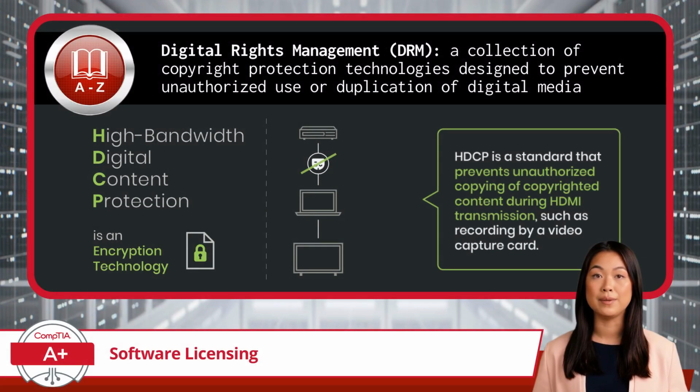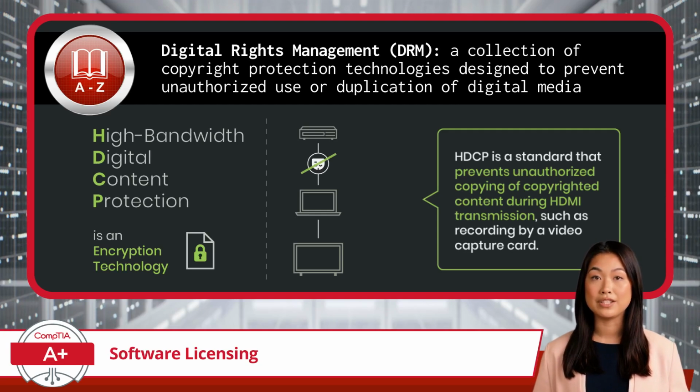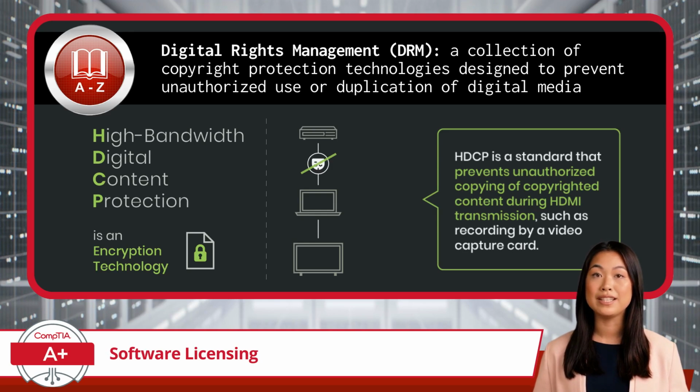Moving on, if the EULA is our software's rulebook, DRM is our enforcer. DRM, short for Digital Rights Management, is a collection of copyright protection technologies designed to prevent unauthorized use or duplication of digital media. For a DRM example, I will use HDCP.